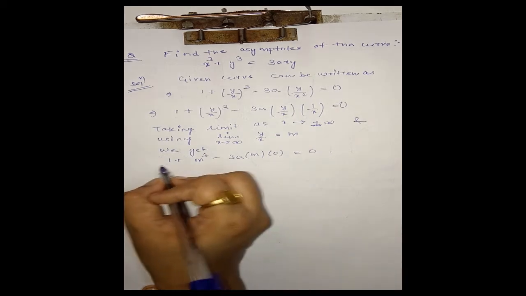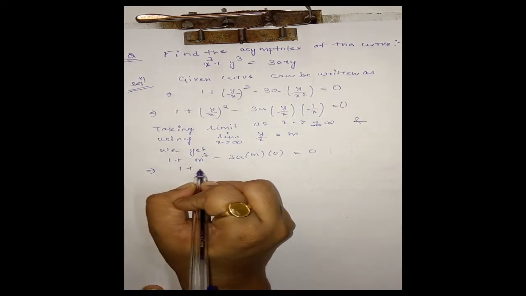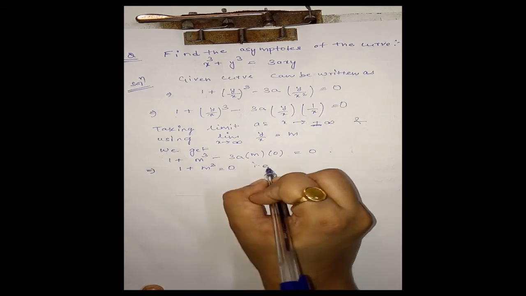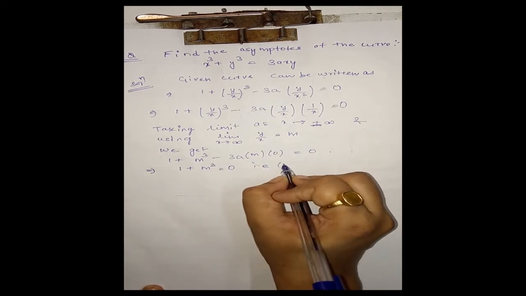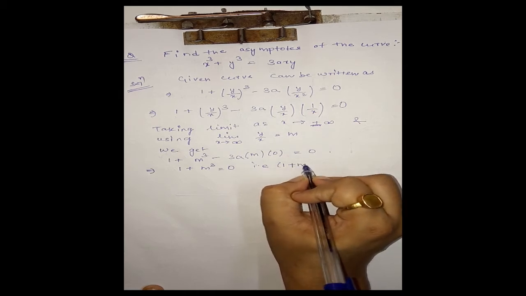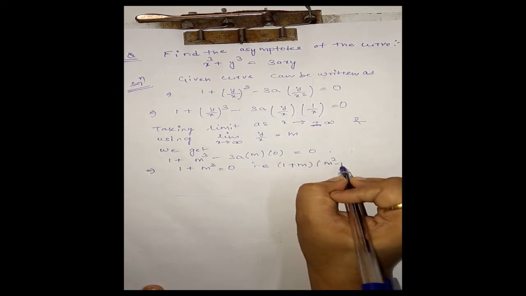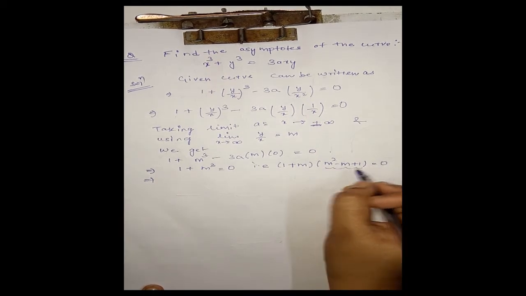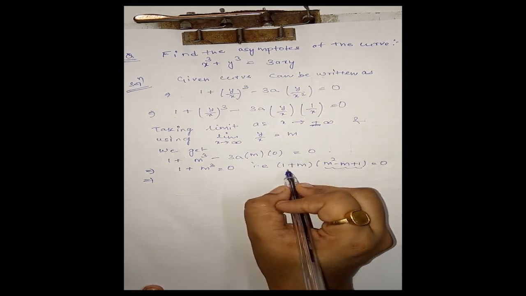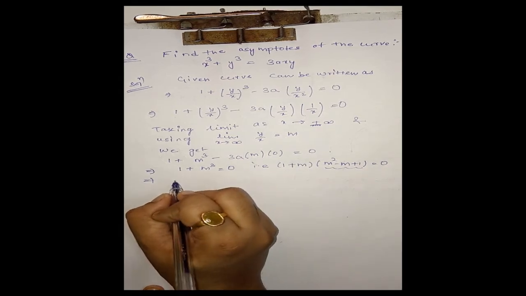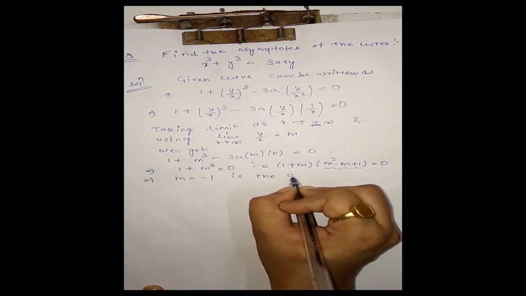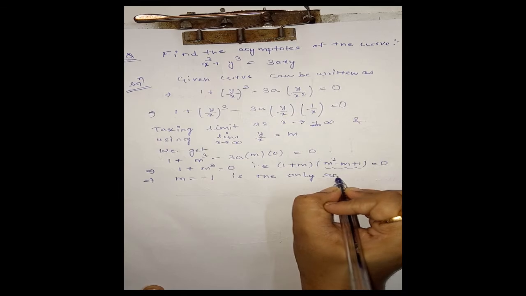This implies 1 plus m cube is equal to 0. Applying the formula of a cube plus b cube, I get 1 plus m into m square minus m plus 1 is equal to 0. On solving this, I get imaginary roots, or roots in complex numbers. Only m is equal to minus 1 is the real root.